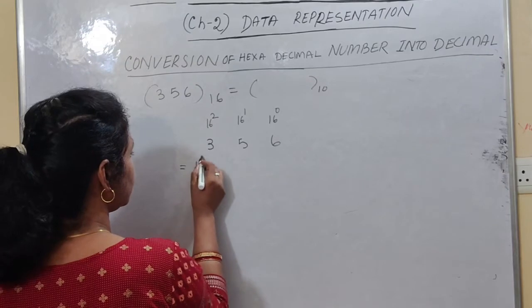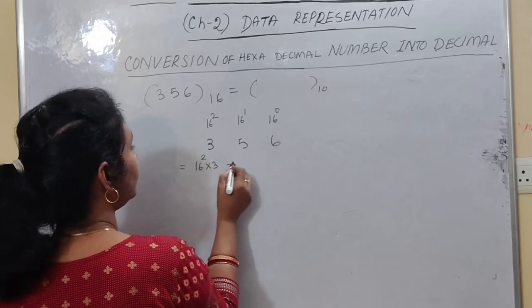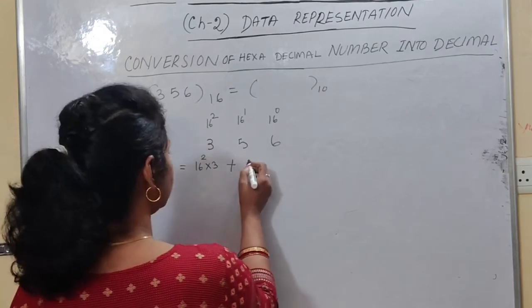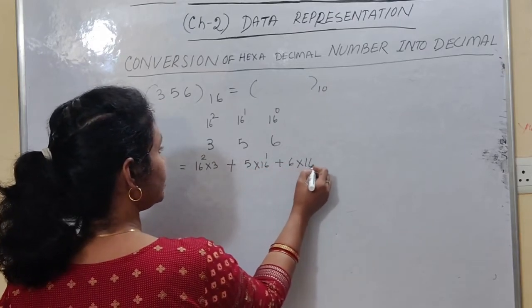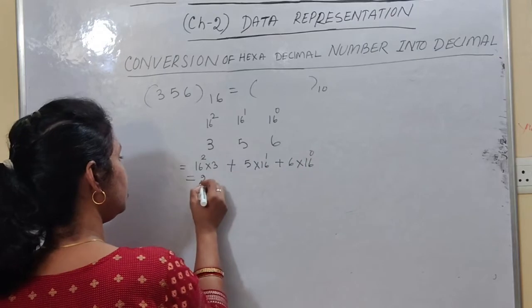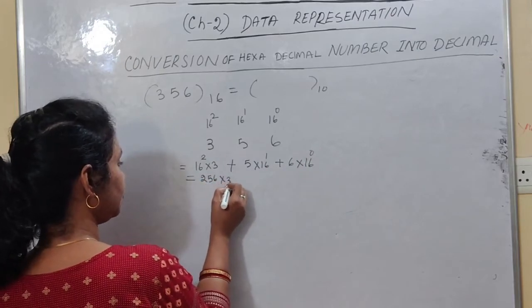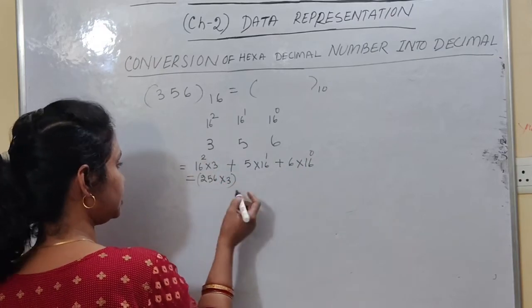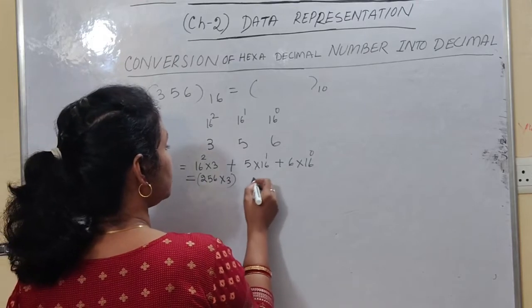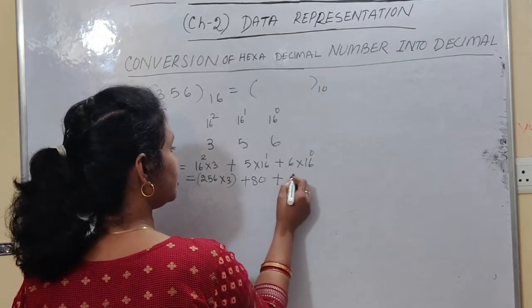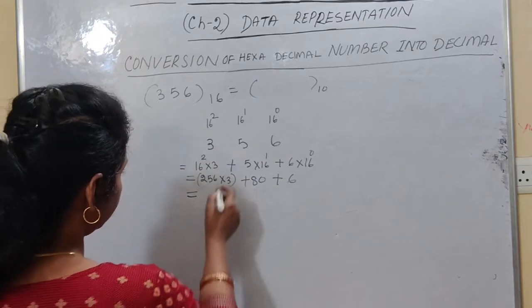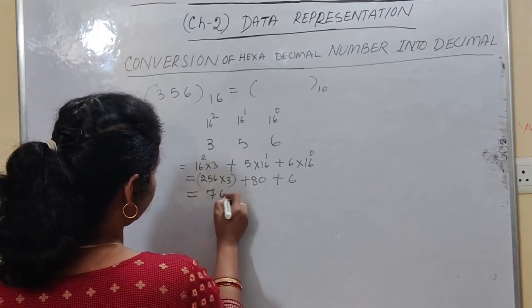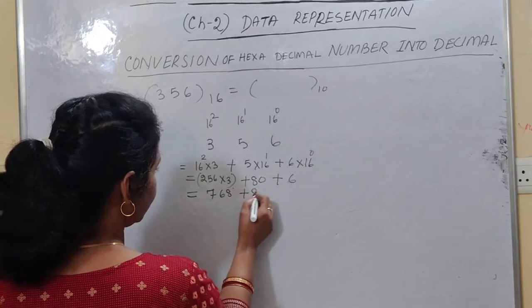So here you will get 16 to the power 2 multiply 3. After that, add the values. So 5 multiply 16 to the power 1 plus 6 multiply 16 to the power 0. Now this is 256 multiply 3, because 16 to the power 2 is 256, plus this is your 80 plus 6. Now 256 multiply 3, that is 768 plus 86.